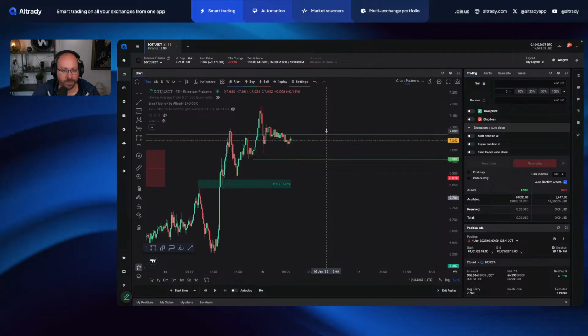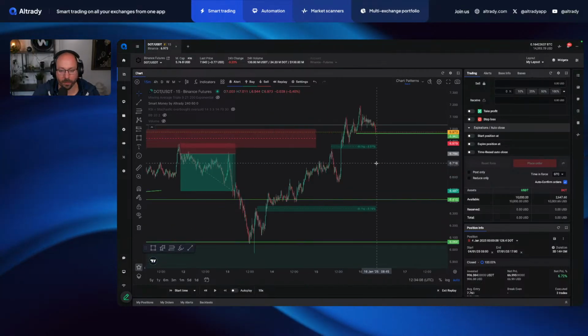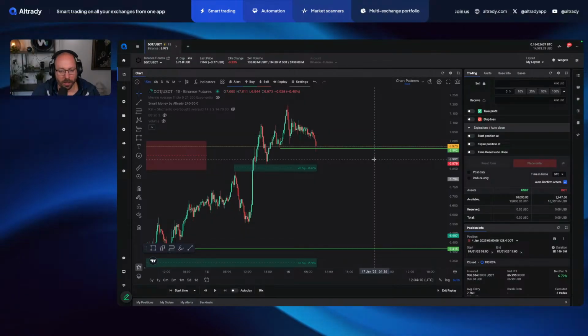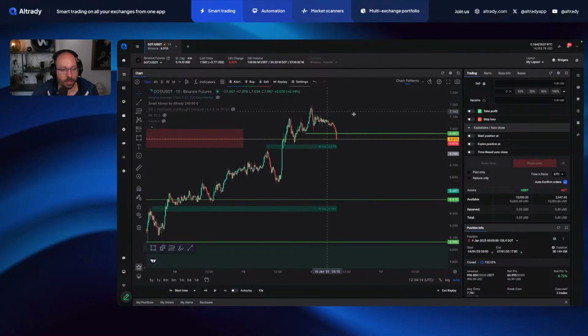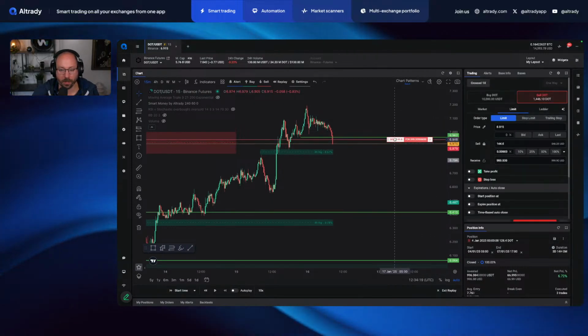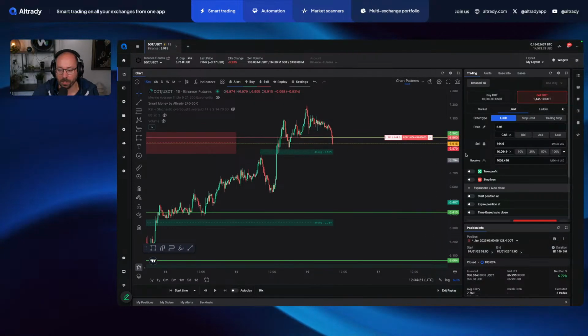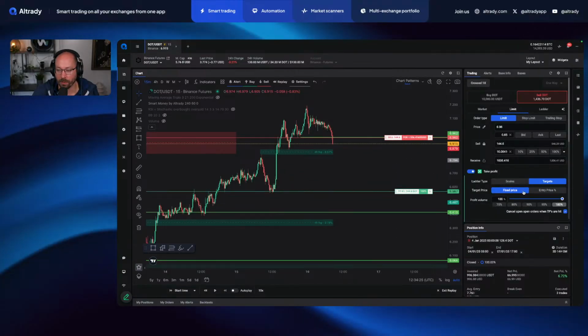Yeah, it's starting to lose its strength a little bit. But there we go. One more. Okay, so now we have the shift. So technically, we could start a short again on this point with the take profit. So let's just put it down there for now.